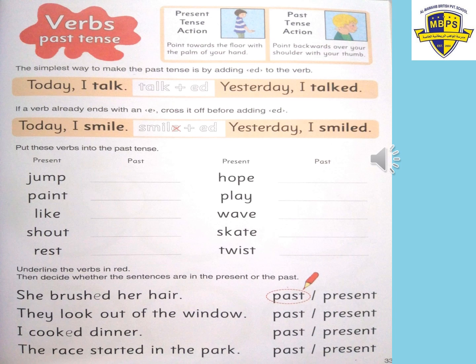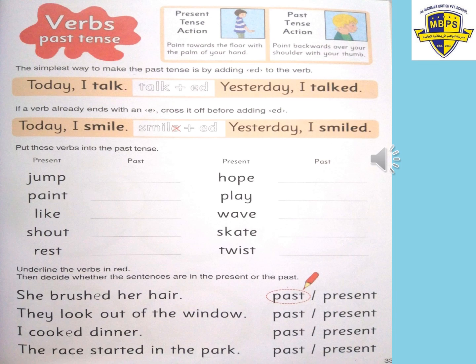Next question, underline the verbs in red, then decide whether the sentences are in the past or in the present. She brushed her hair. What did she do? She brushed her hair. Where is the verb, KG2?